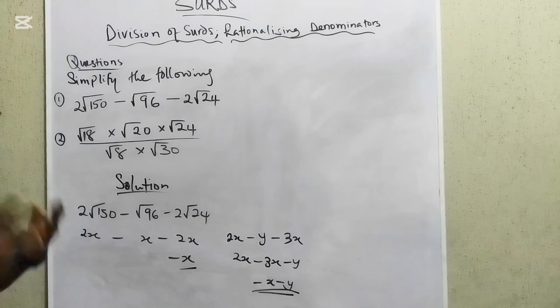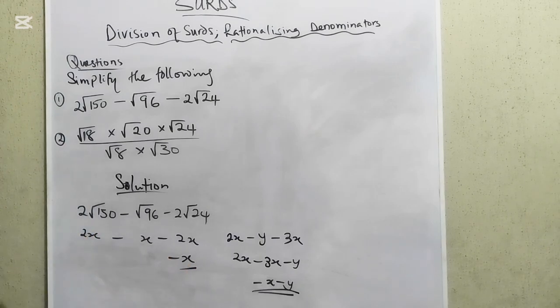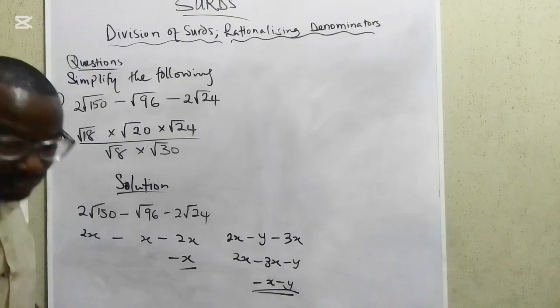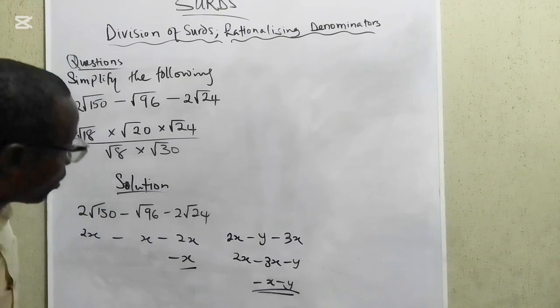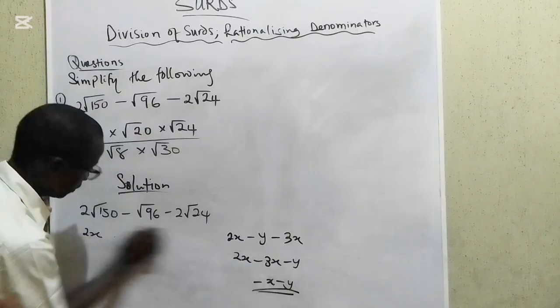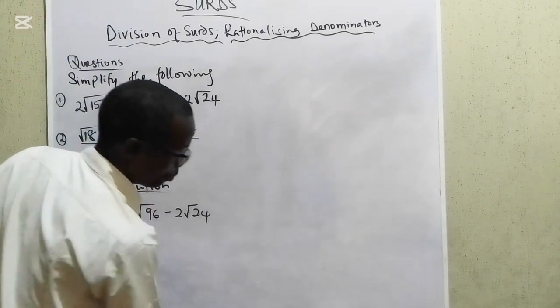So 2 minus 1 is 1, and then 1 minus 2 is minus 1. So here you simplify to stop. Now, I've just used algebra to explain. In other words, I'm saying that at the end, every sort will have the same thing. So let's take this off, and we'll explain properly.